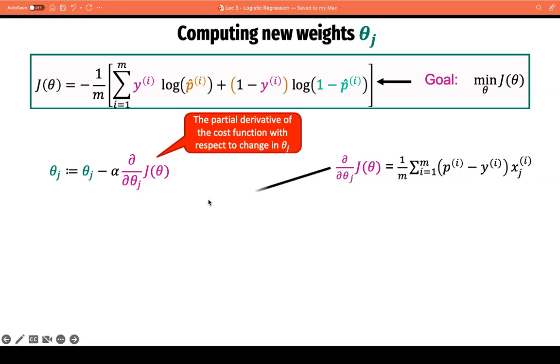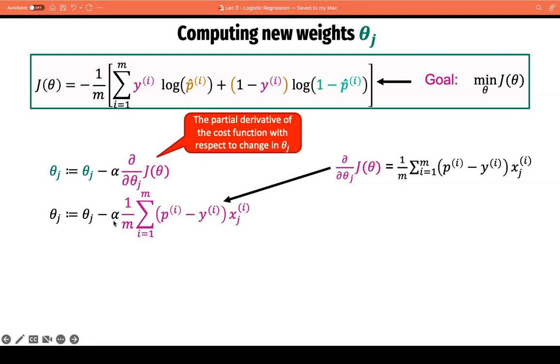Plugging that into our equation, we have theta sub j equals the old theta sub j minus the learning rate times this derivative. The learning rate will tell us how big of a step we are going to take. If the learning rate is very large, then this value will also be much bigger.